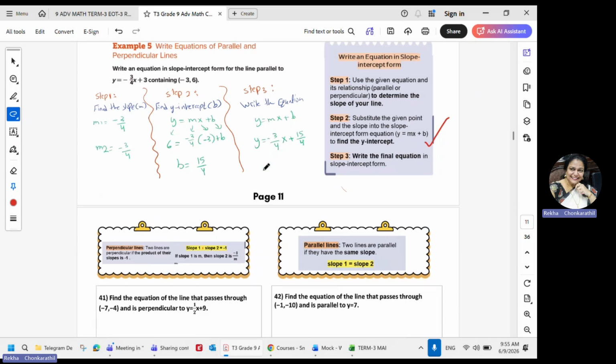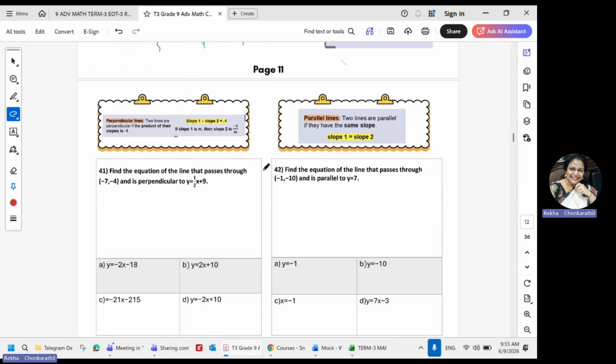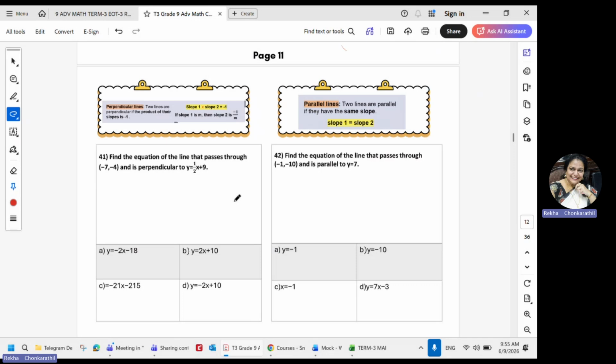If the slopes are not equal, but the slopes multiply to give -1, then the lines are perpendicular. If the slopes are not equal and the product is not -1, then you say the lines are neither parallel nor perpendicular. Let's check this question.